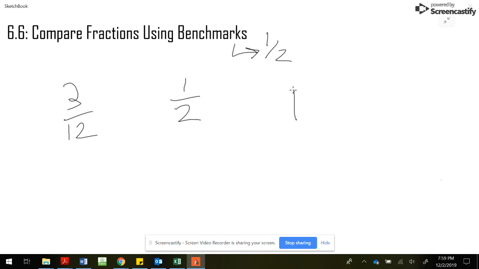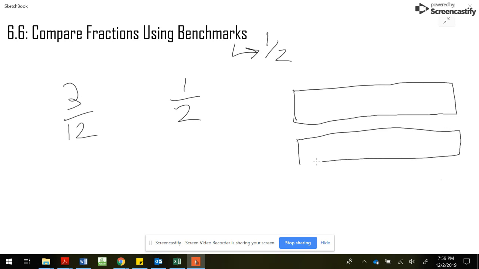I could draw out a fraction bar, 12 pieces and 1/2 every single time. That'd be my 1/2. One, 2, 3, 4, 5, 6, 7, 8, 9, 10, 11, 12.